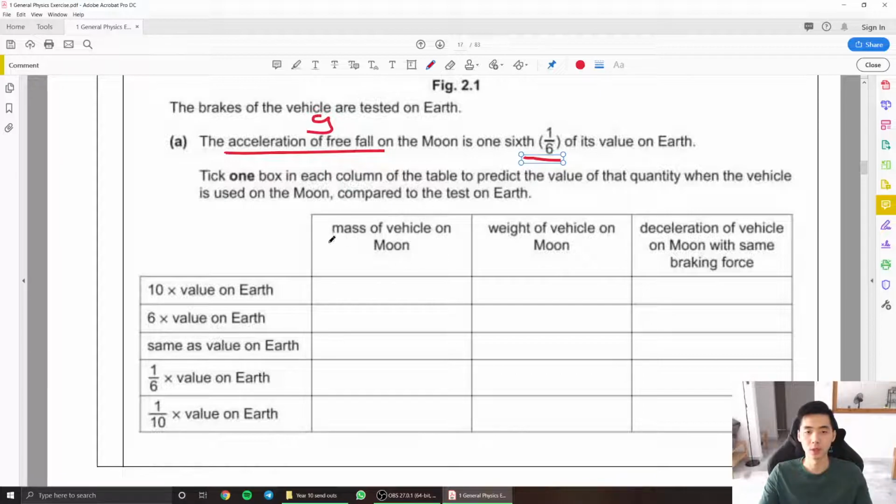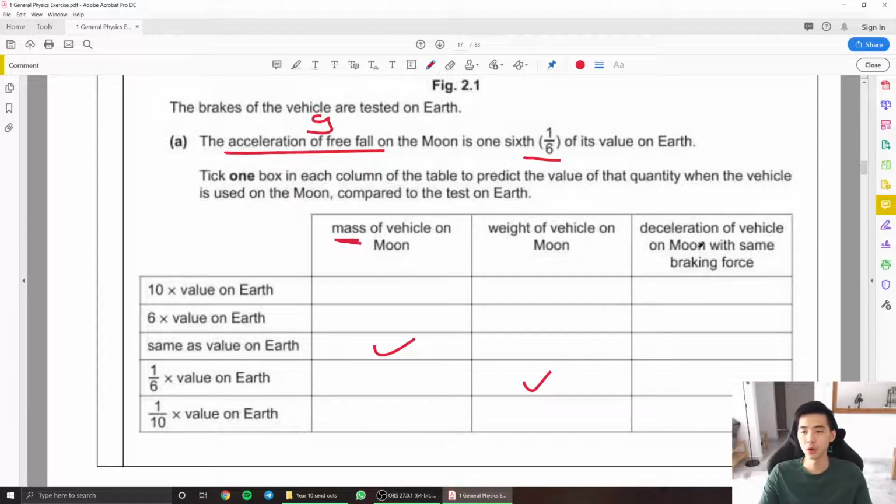First and foremost, they want us to find the mass of the vehicle on the moon. Mass does not change regardless of wherever you go, so it should have the same value as on Earth. The weight of the vehicle is definitely affected by gravity, so it will be 1/6 the value on Earth, since the gravity is only 1/6 the value of Earth.